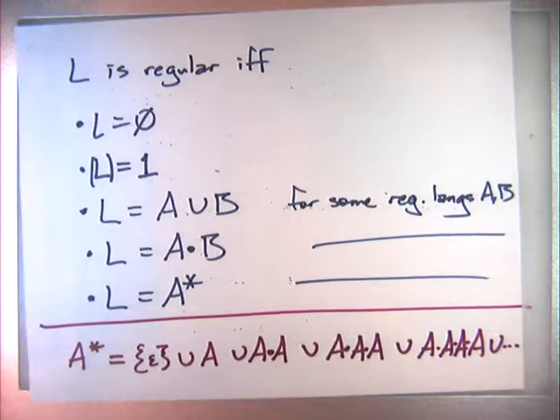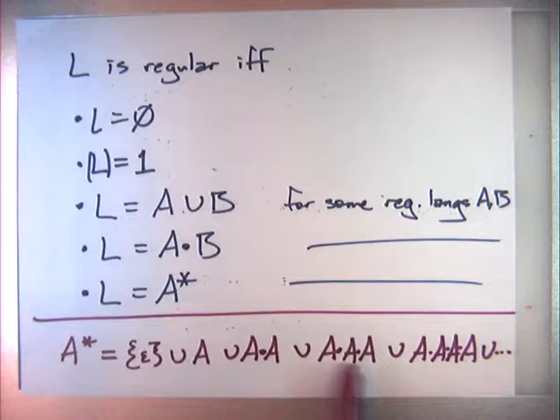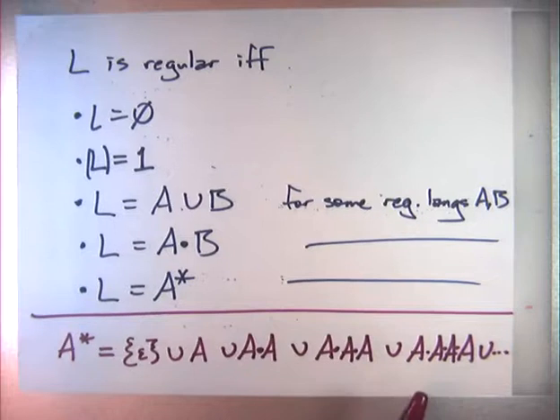Okay, so it looks like the Kleene star is the union of regular languages, because each of these terms in the union is the concatenation of several copies of the same regular language, so by rule 4, each of these components is regular.